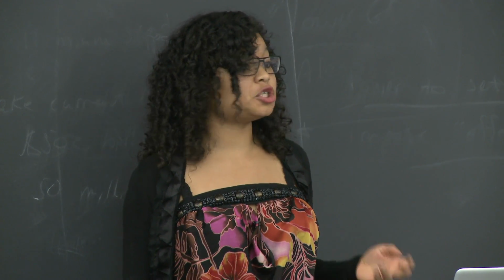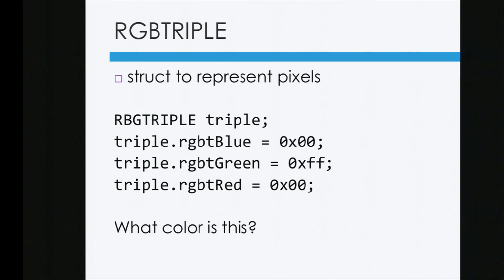So what we have is an RGB triple struct. Whenever you have an instance of an RGB triple, because this is a type-defined struct, you can access the RGBT blue variable, similarly the green and red variables, which indicate how much blue, green, and red respectively you have.